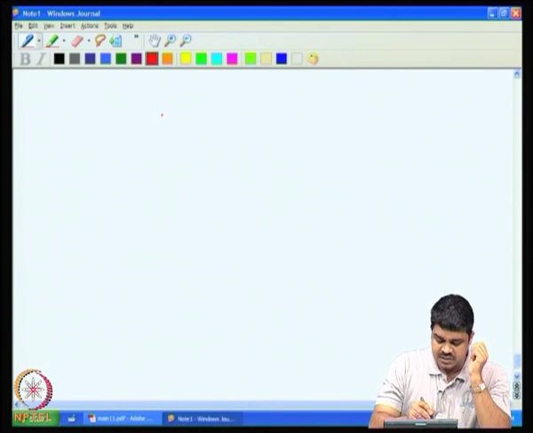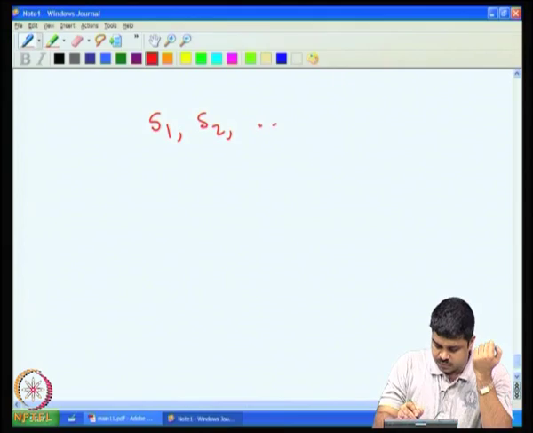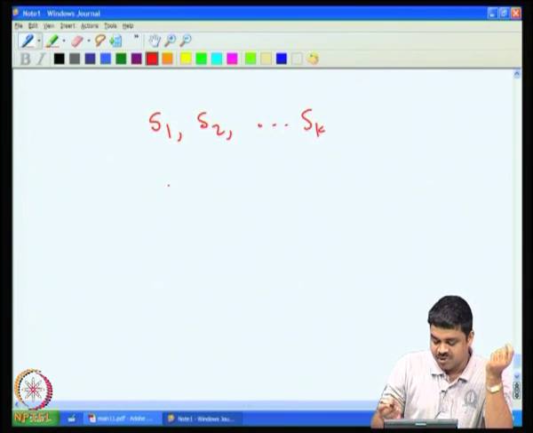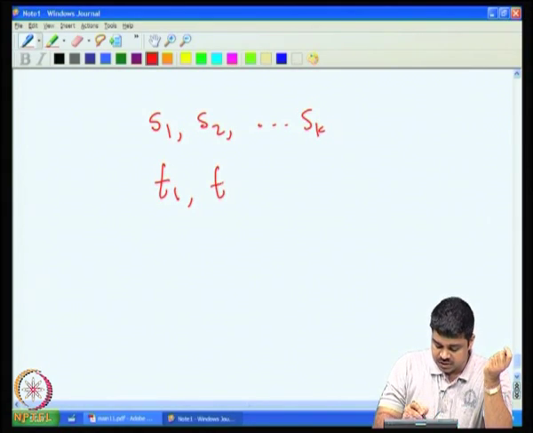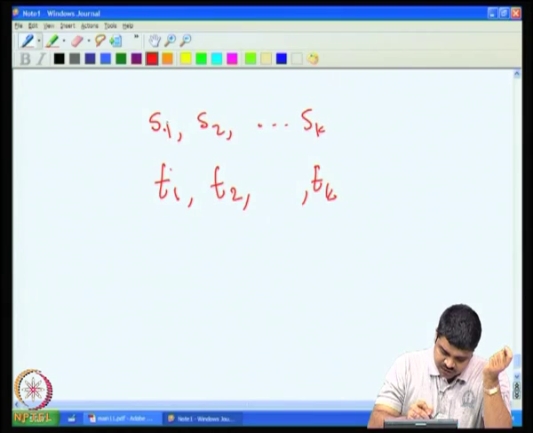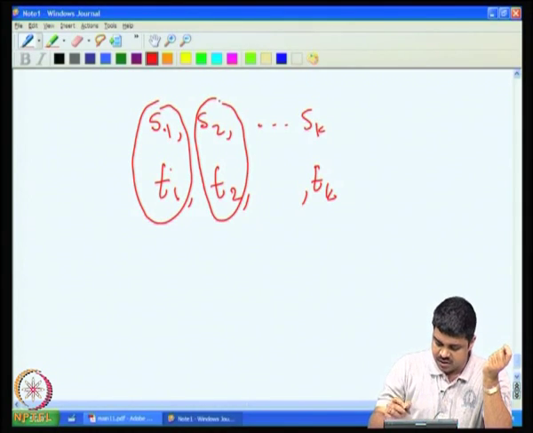Here we are saying: you give me whatever way you like, you number S1, S2 up to Sk, some k vertices, which can be called source vertices, and some other disjoint, different vertices T1, T2, up to Tk as sink vertices. Now, S1 and T1 is one source sink pair, this is another source sink pair, and this is another.